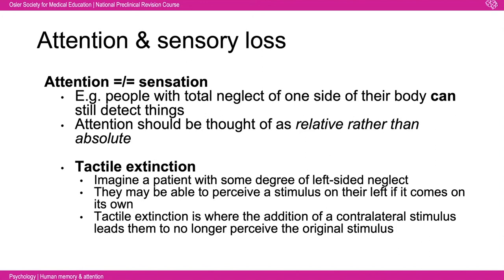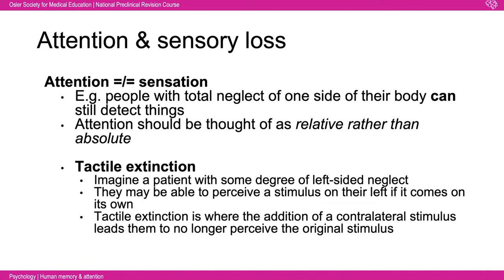Likewise, some people that have left-sided neglect will have no real trouble detecting something on the left if that's the only stimulus they're receiving. So if I had left-sided neglect and you touched my left side, my left arm, I might say, yes, I can feel that. And if you kept that stimulus there and touched the opposite side, so my right arm, because I have left-sided neglect, I'm paying relatively much less attention to my left, despite the fact that ultimately I can feel it.